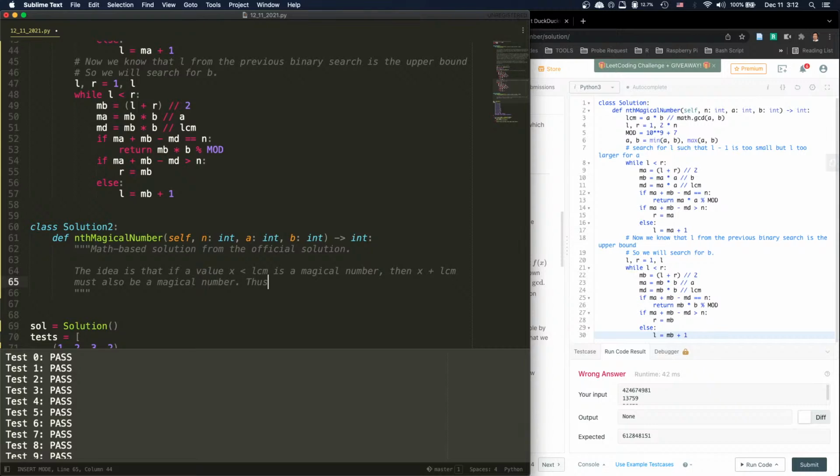Thus, once we have found all magical numbers smaller or equal to LCM, all other magical numbers must be x plus k times LCM.